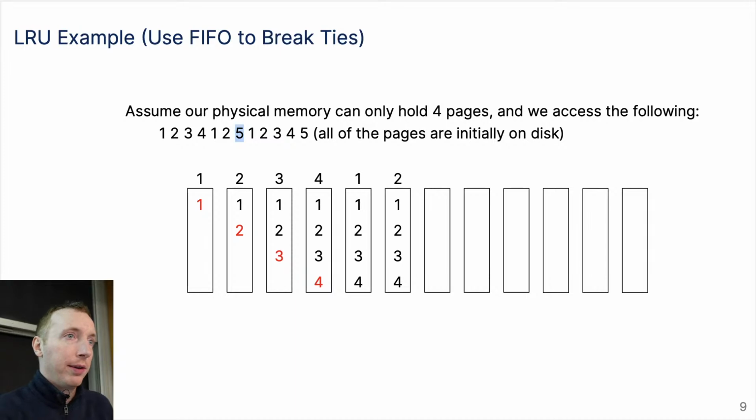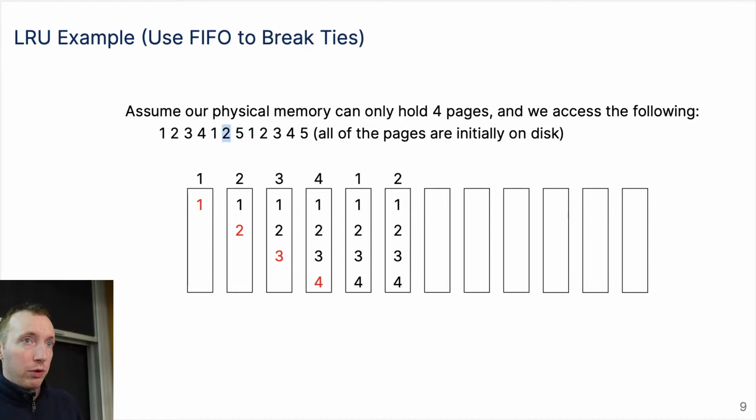So when we access page 5, what should we kick out? If we do least recently used, that's going essentially back into history. So most recently used is 2, since that was the previous access. So 2's safe, I shouldn't touch 2. And I also shouldn't touch 1 because it was used after 2.